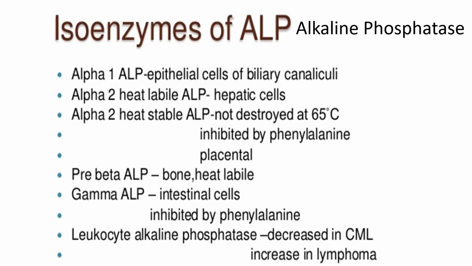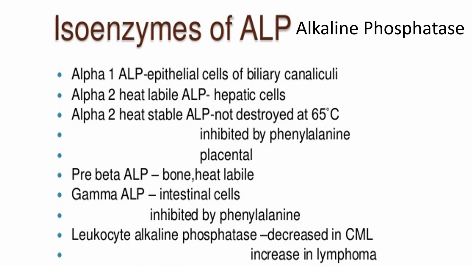Another important isoenzyme is alkaline phosphatase. Now kinases, as I told you, add phosphate to the substrate, and phosphatases remove the phosphate from the substrate. Alkaline phosphatase is present in many tissues, but its higher concentration is found in bone and liver or biliary tract.